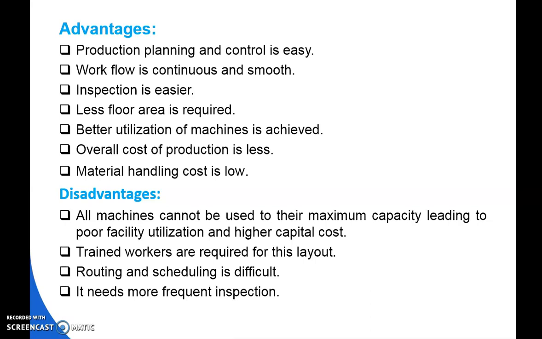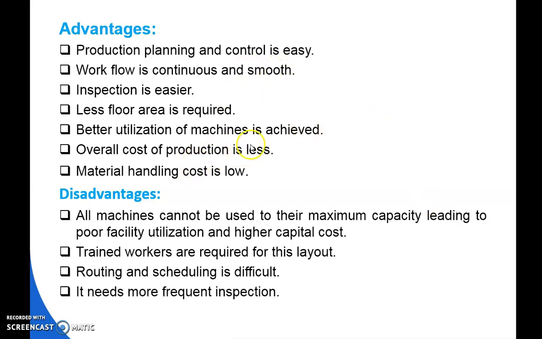All the machineries are arranged in a sequential manner, and if any machine breakdown takes place, then another machine can be used for processing the raw material, and the production system is not hampered. Hence we call the workflow continuous and smooth.